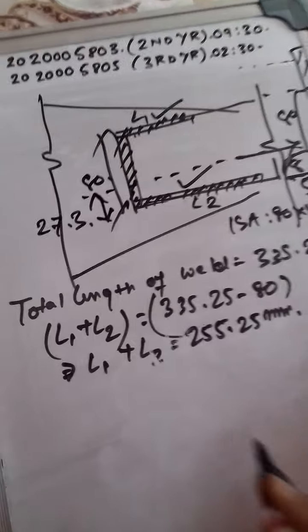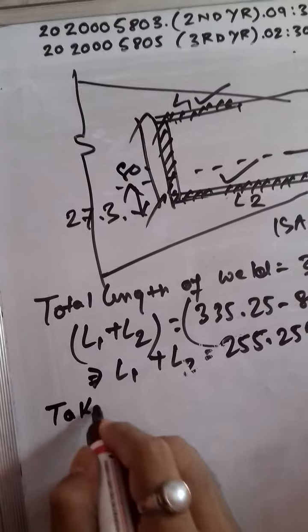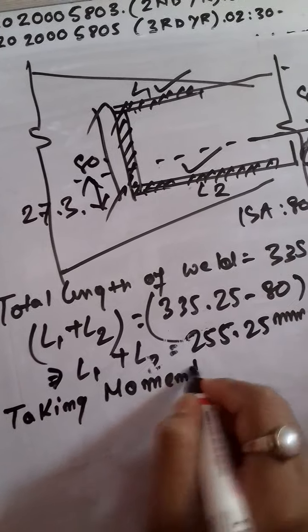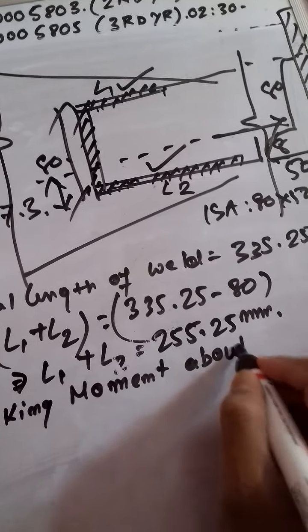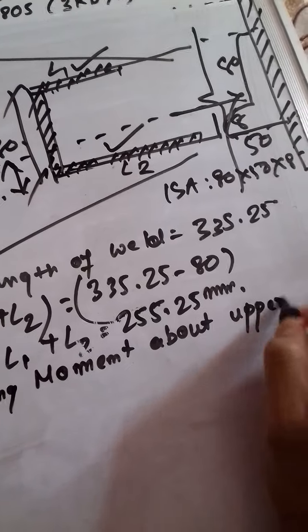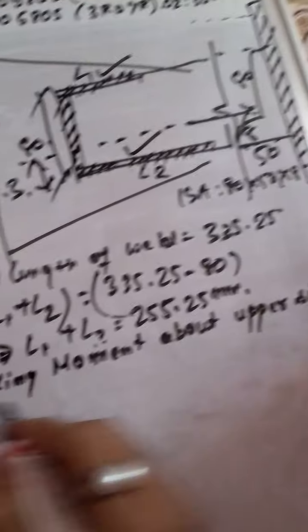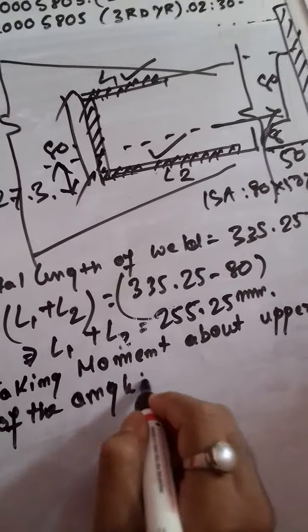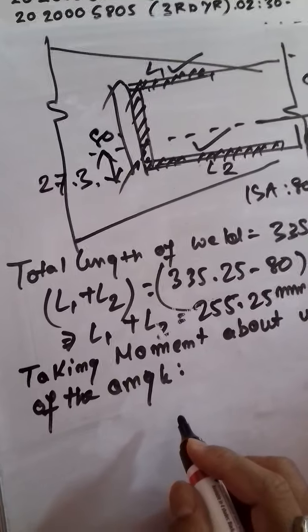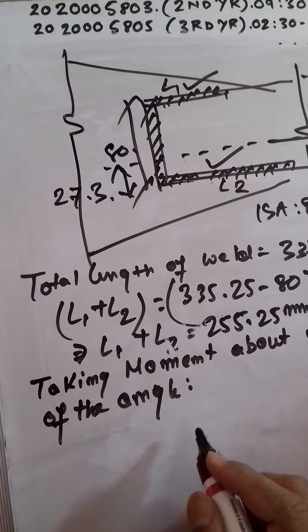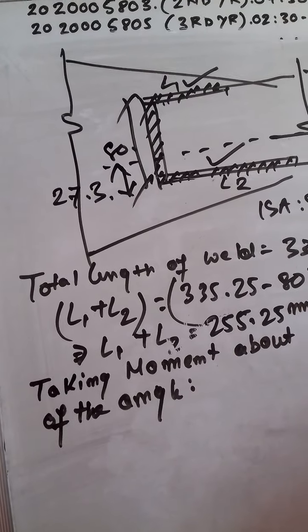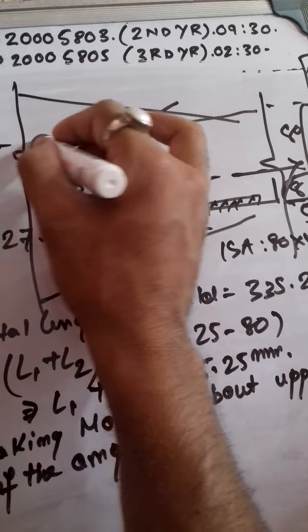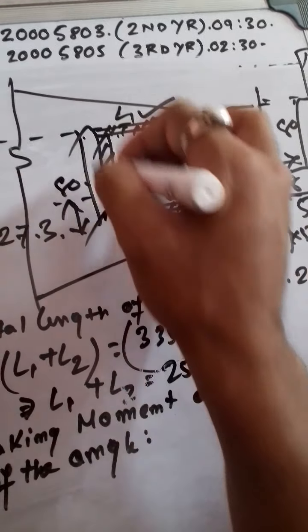Now taking moment about the upper side of the angle. Let us take first the value of L2. The distance of L2 from this upper side of the angle is equal to 80 mm.